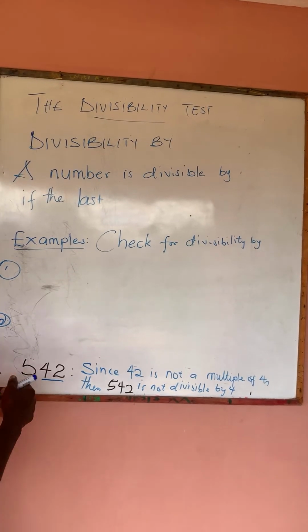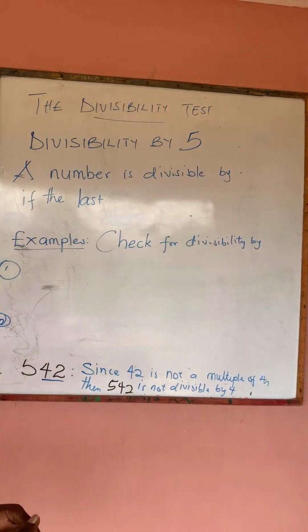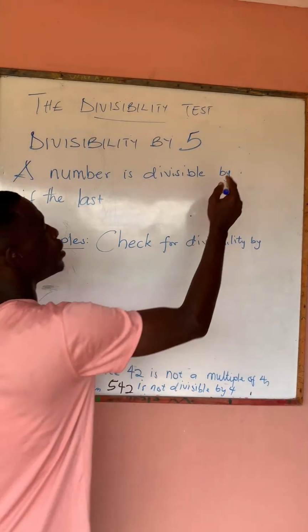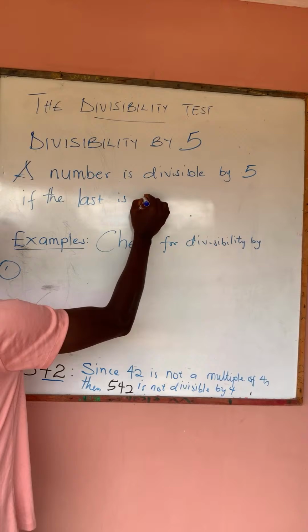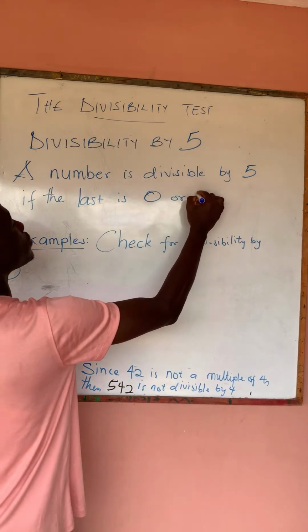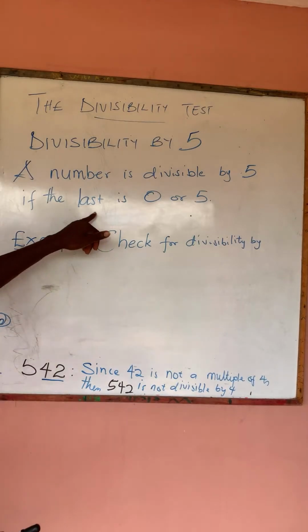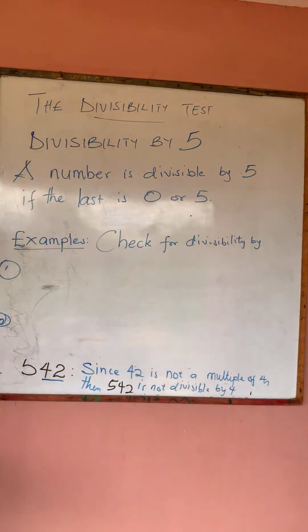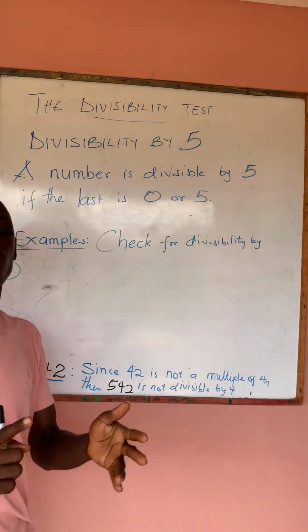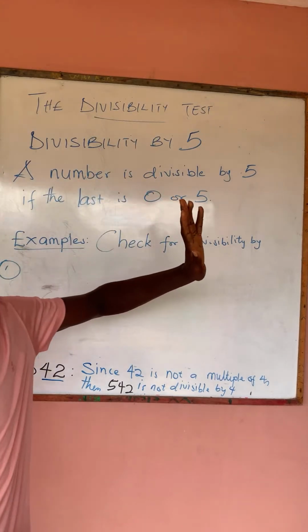So let's be taking the divisibility by 5. The rule for divisibility by 5 is very simple. It says a number is divisible by 5 if the last digit is 0 or 5. That's all. Okay? If the last digit is 0 or 5, then the number is divisible by 5.